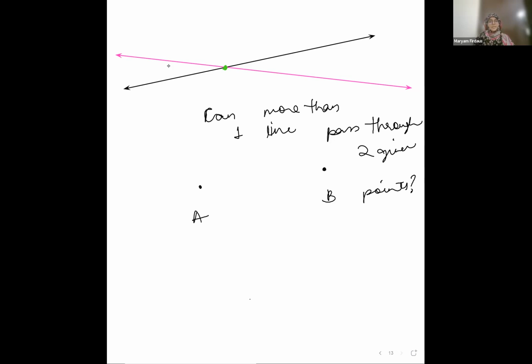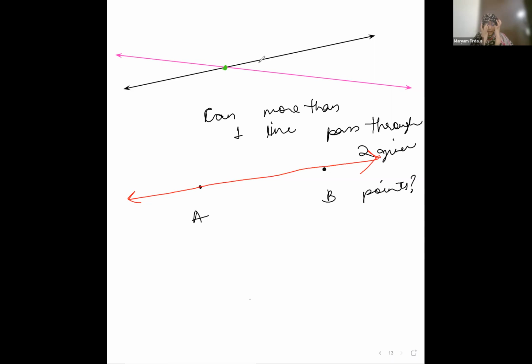So first let's try to create a line that passes through these 2 points. Okay. So this line is passing through these 2 points.